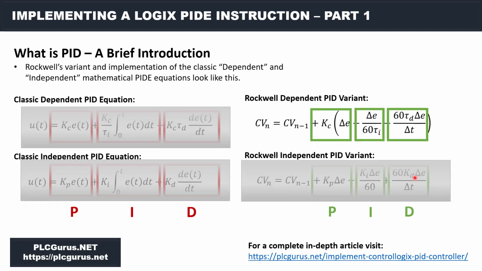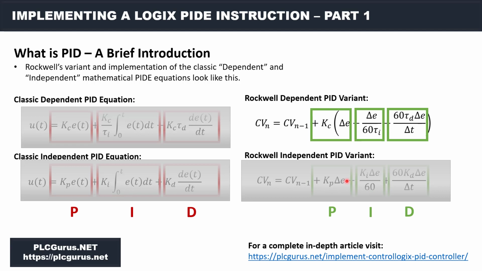And what I want to do is I want to forget about all of this stuff, and we're going to focus in on the dependent variant, the Rockwell dependent variant. Now, both dependent and independent equations will give you good PID control, and there are some differences, and I've glazed over some of those differences other than the obvious one in the gains.